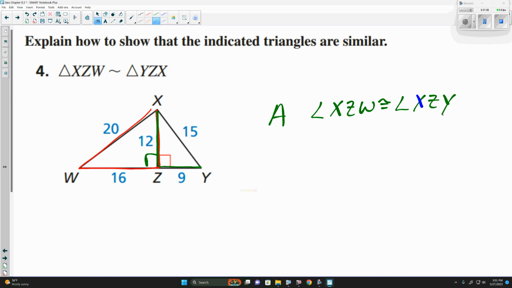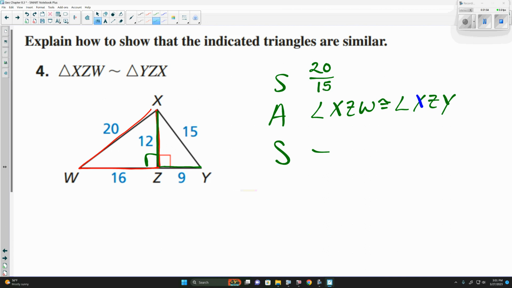Now our sides. So we need two sides from XZW. So 20. The biggest side would be 15.